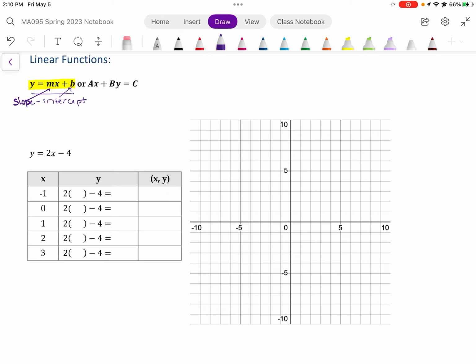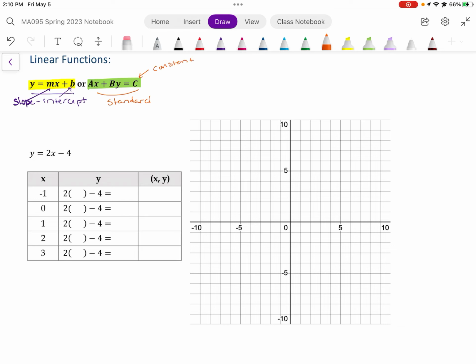I am having some serious technological difficulties with my iPad right now, so we'll see how this goes. This one is called standard form. I want you to notice how different it looks. Y is alone in slope-intercept form, and in the standard form, the constant term is alone. So this is the constant term.